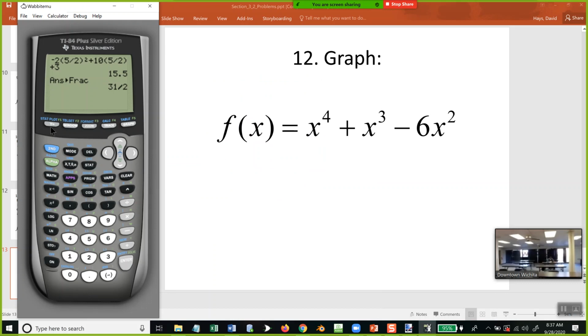Okay, so graph that. That's my y equals x to the fourth plus x to the third minus 6x squared, and then press graph.